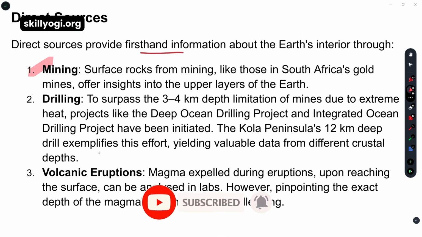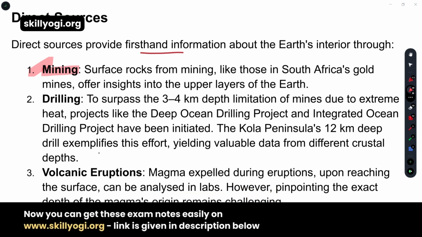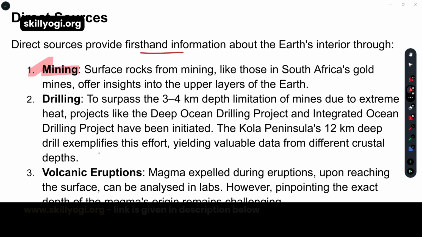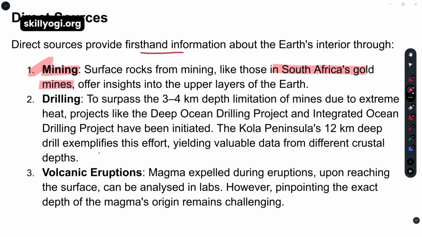The first one is mining. Yes, it's very important. Mining means the mineral resources we get outside from some depth of our soil. You know, we have already learned different economic activities, and there mining activities were also included. Surface rocks from mining, like those in South Africa's gold mines, often give insights into the upper layers of the earth. The first source of information is mining.